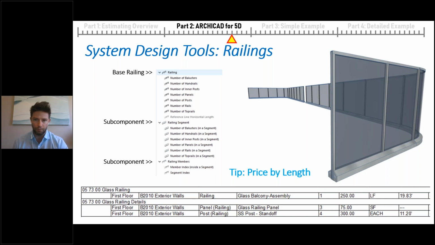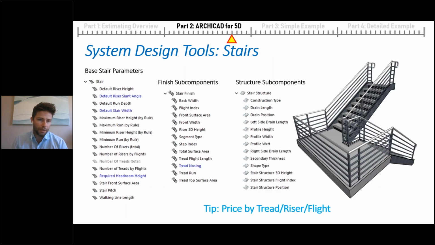So we can price an entire railing based off linear footage versus having to go in and break down the elements into their individual components. And that just requires more time on our end to assign the cost, assign the units, and do the research to understand what all those components mean.